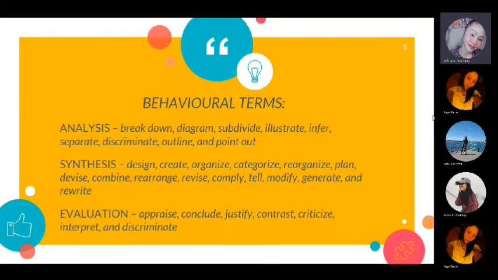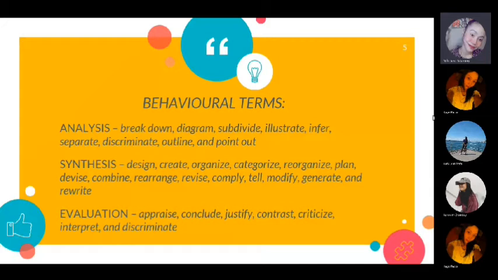Next is analysis: break down, diagram, subdivide, illustrate, infer, separate, discriminate, outline, and point out. So they are going to divide the information into facts, or what is important and not important.